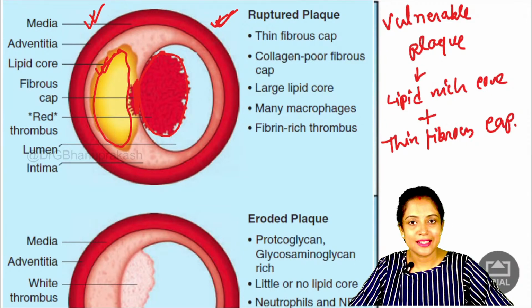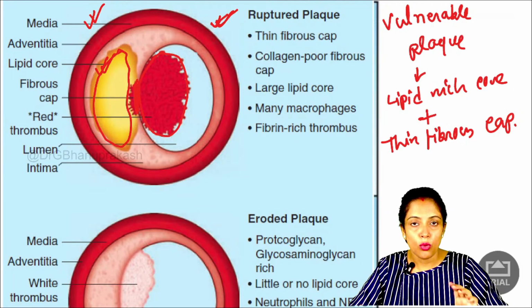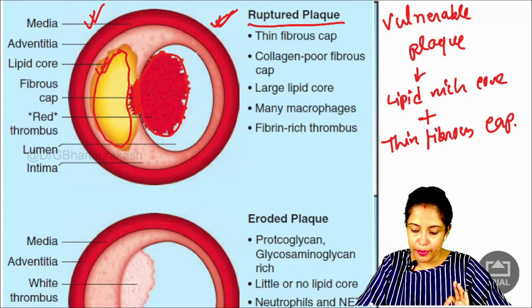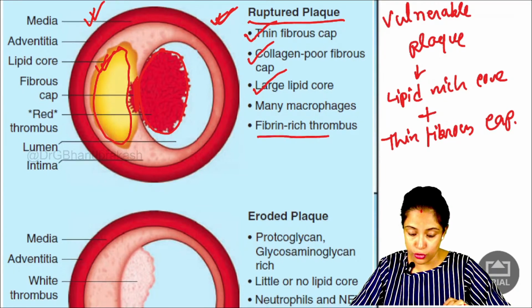Once the cascade sets in, there will be formation of fibrin, and ultimately a thrombus. If the thrombus occludes most of the lumen of the coronary artery, then there will be myocardial infarction. This is a ruptured plaque which has a thin, collagen-poor fibrous cap and a large lipid core, and there is usually a fibrin-rich thrombus.